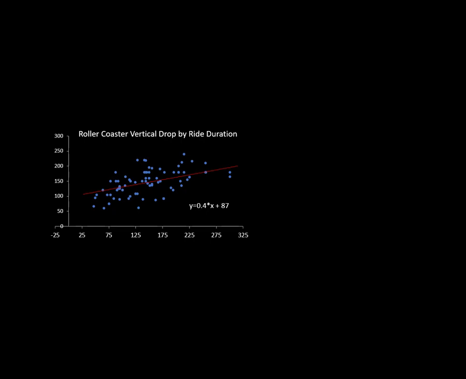For a vertical drop of 250 feet, we simply multiply 250 by 0.4 and add 87 to find the predicted duration of the ride. This formula for this set of data gives us an estimated ride duration of 187 seconds based on a vertical drop of 250 feet.